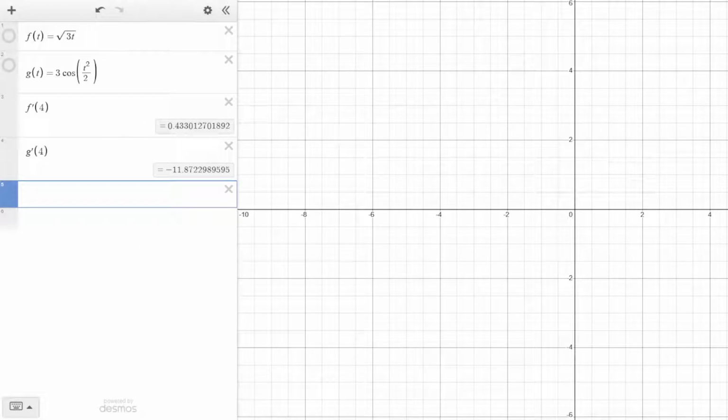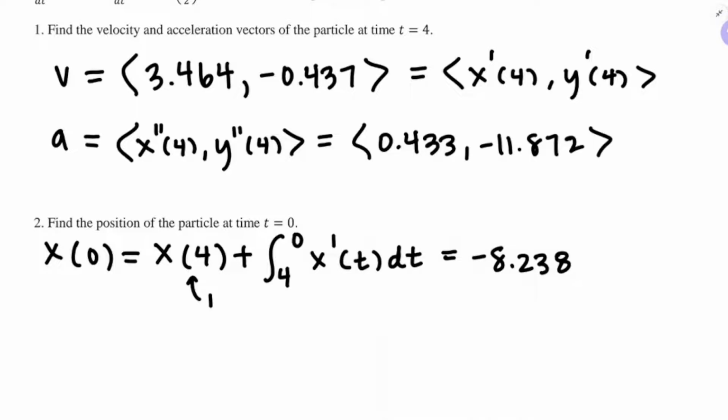Then type in 1 plus the integral from 4 to 0 of x', which was f(t), dt. Okay, and then I will report that value. Negative 8.237 or negative 8.238.